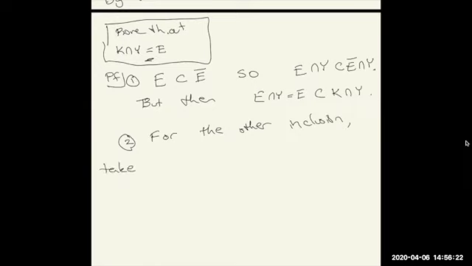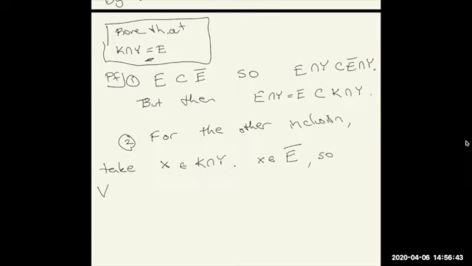take x inside K intersect Y, and we want to conclude that this is also an element of E. Well, x belongs to K, so x belongs to E bar.